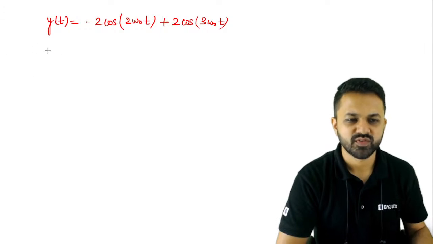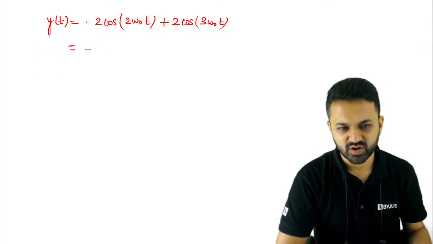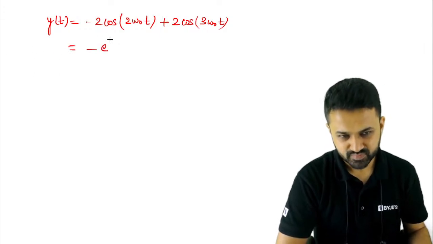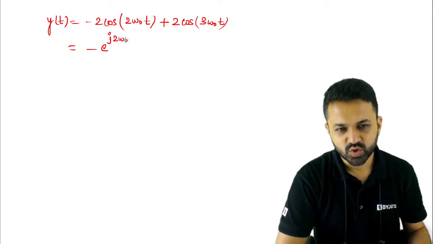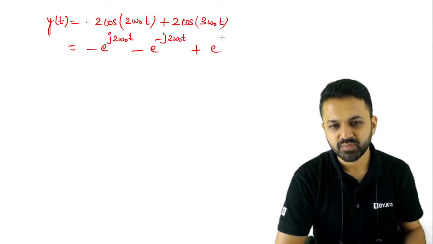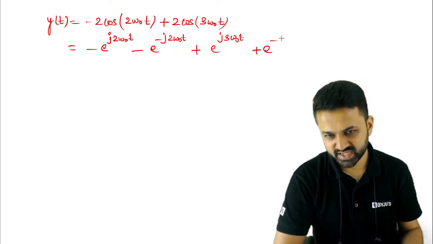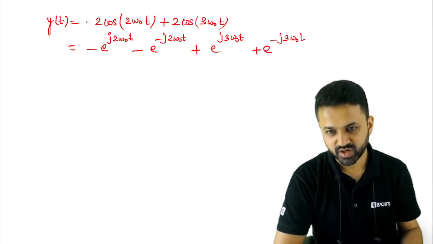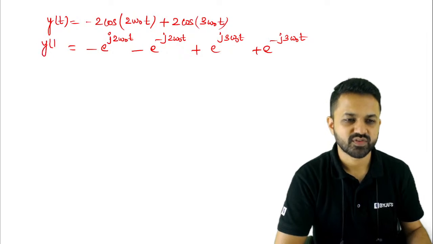There is already a 2, so we don't need to write it. So now you can write minus e to the power j 2 omega naught t minus e to the power minus j 2 omega naught t plus e to the power j 3 omega naught t plus e to the power minus j 3 omega naught t. This is your y of t.